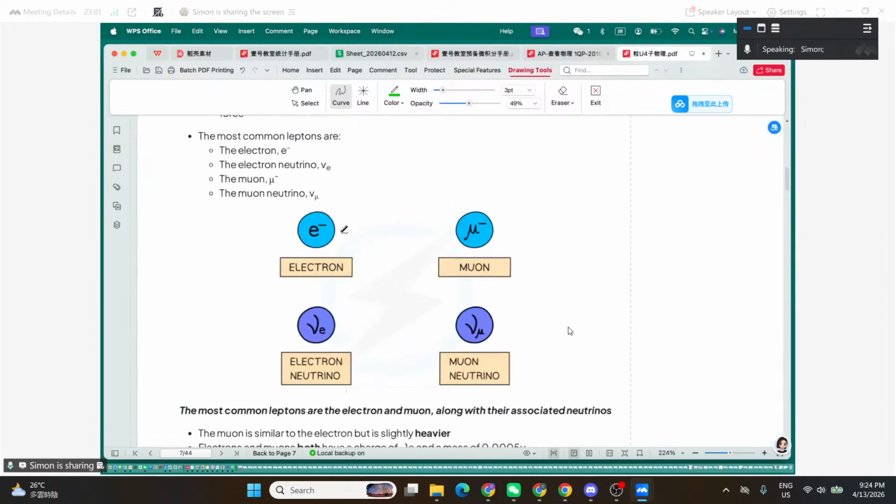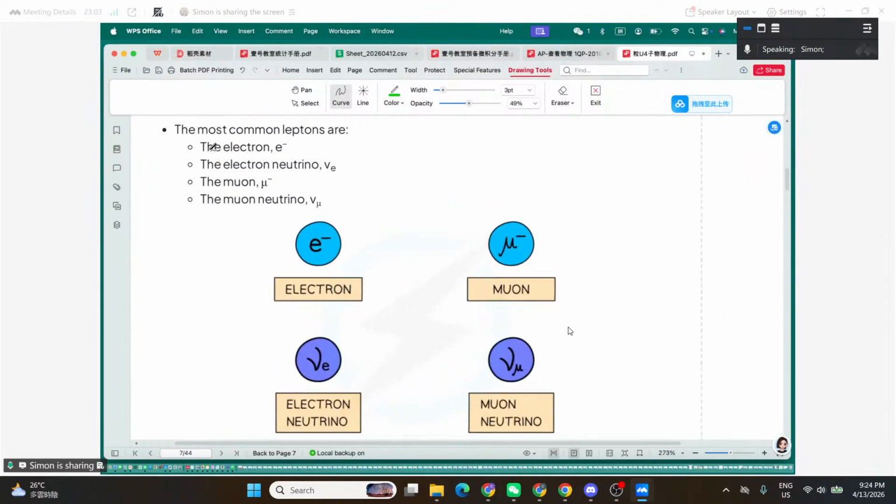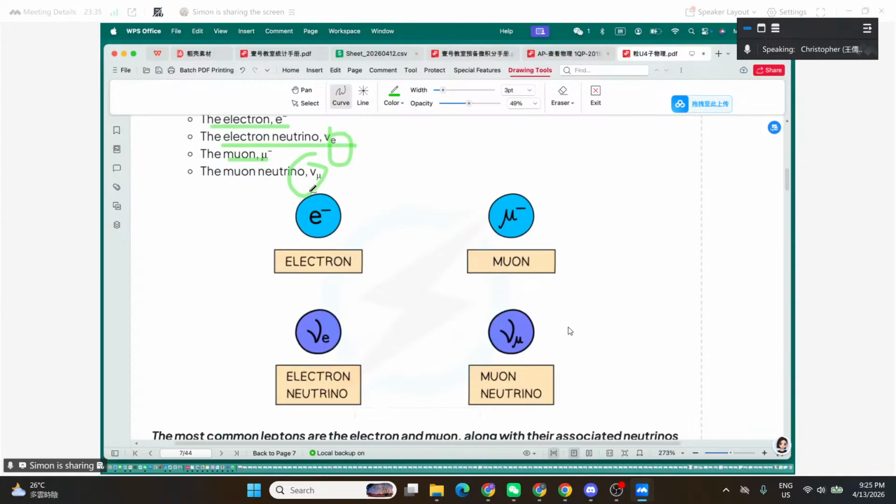There are some common leptons. The first lepton is the electron. If we produce the electron in the reaction equation, it also has another product, the electron neutrino. And if the product has the muon, we also have another one, the muon neutrino. Understand now?